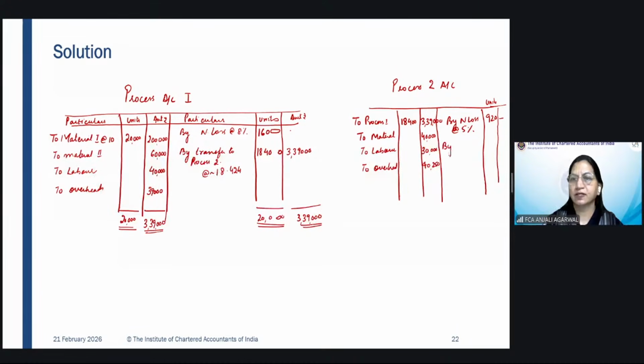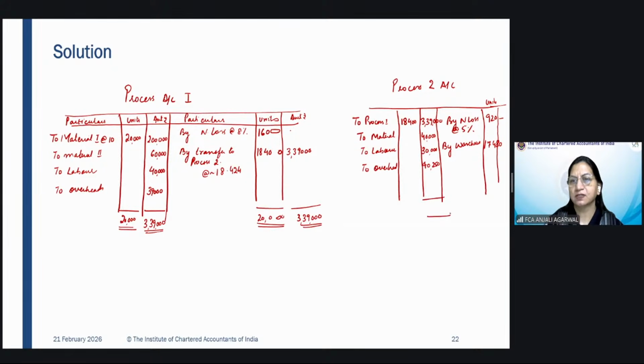And whatever is there is transferred to warehouse. By transfer to warehouse, so 18,400 minus 920, 17,480 units are going to the warehouse.